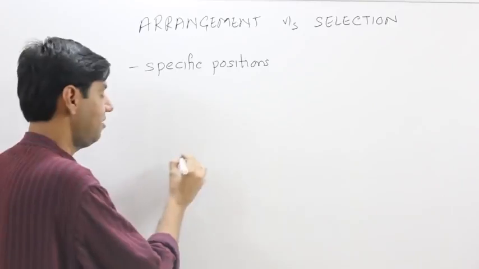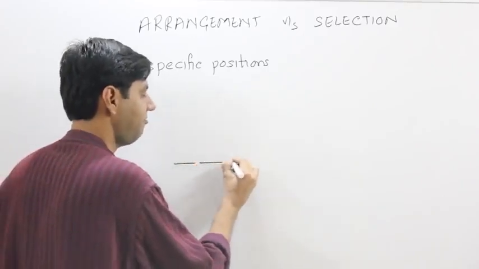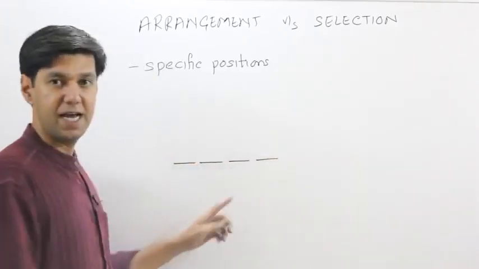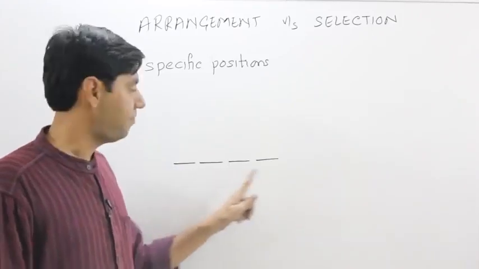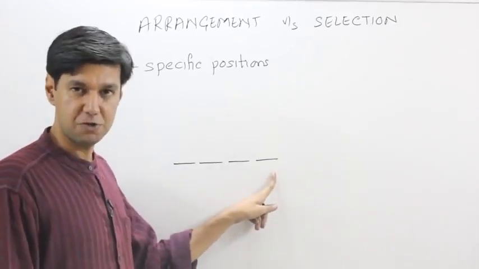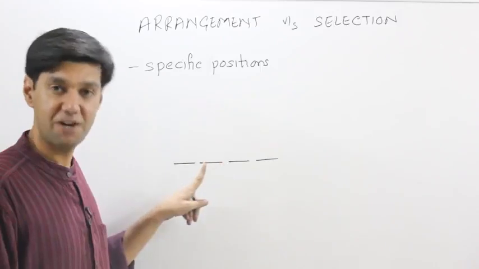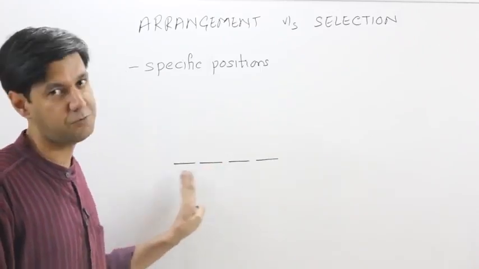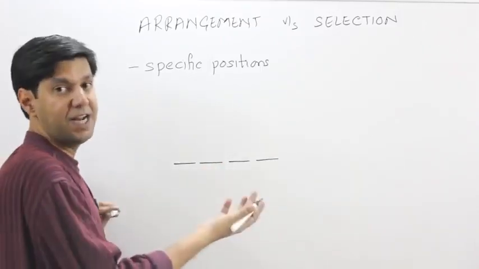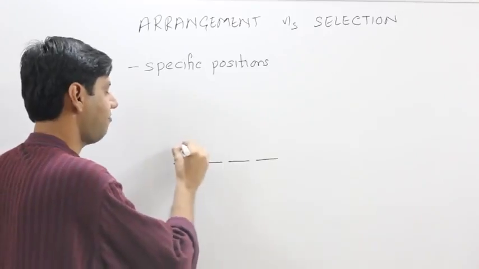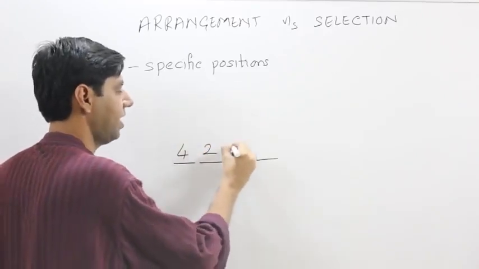The first examples that we did were where we formed numbers. When we were forming a 4-digit number, do the different positions have a different name? There's a tens position, a units position, and the tens position is different from a hundreds position, and so on. So positions have a name. Another way to look at it is, let's say I form the number 4231.